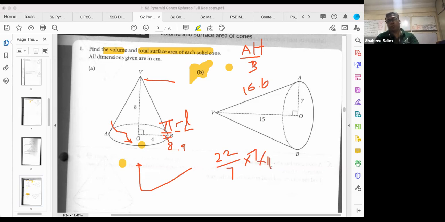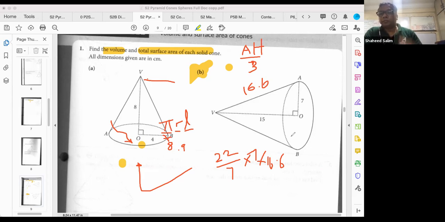Okay. Well done. So you know to find, I think you plus this area of the bottom lah.